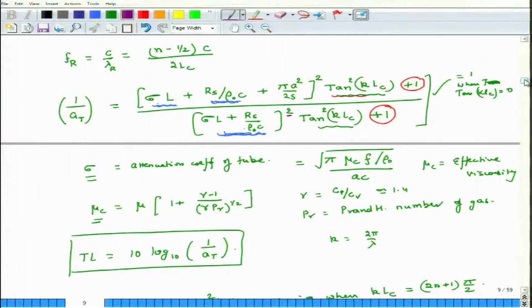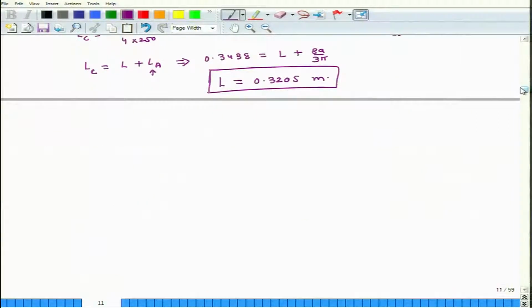To compute transmission loss, we have to calculate this parameter 1 over 80, and to find 1 over 80 we have to calculate sigma and find RS, among other things. We will do these one by one. First, we will calculate the effective viscosity.